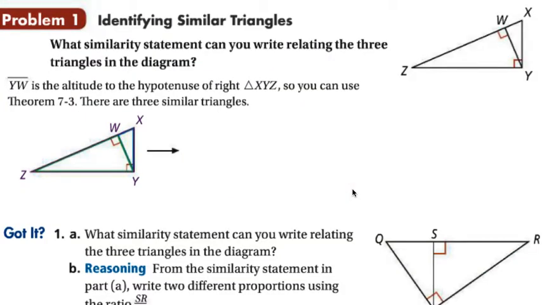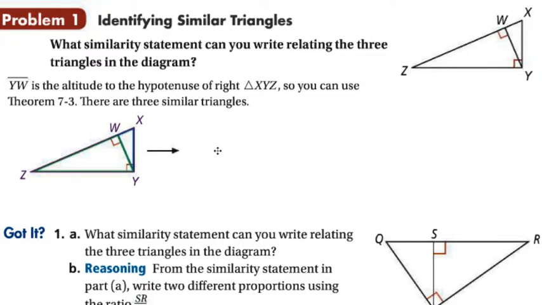So in this problem, it says, what similarity statement can you write relating the 3 triangles in the diagram? Well, that's going to go back to the theorem that we just stated. So we have one large triangle, triangle XYZ, and it has an altitude WY, so that altitude is dividing the triangle into 3 similar triangles.